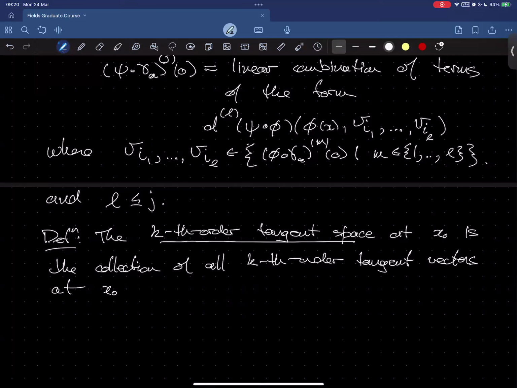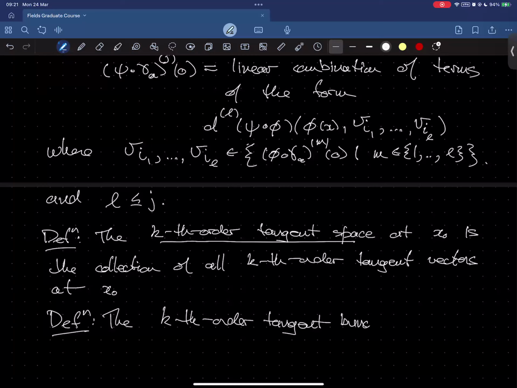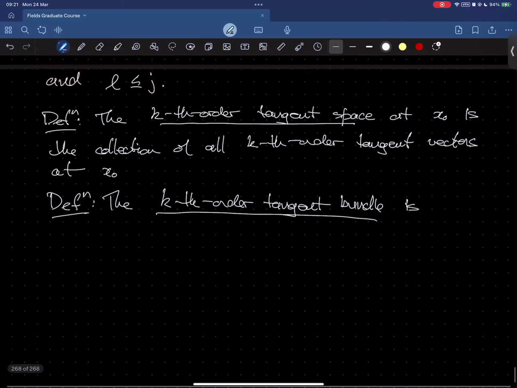So now let's look at the higher order tangent bundles, not just the tangent spaces. The definition is rather the same as the definition of the tangent bundles. The notation I'm going to use for the kth order tangent bundle is this.